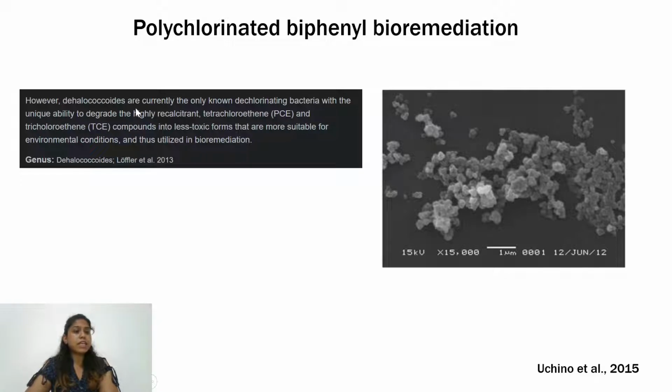This is the bacterium Dehalococcoides, which helps in conversion of polychlorinated biphenyl products into less toxic components that are more suitable to be released back into the environment. These are dechlorinating bacteria, and they are the only known bioorganisms so far that can help in conversion of polychlorinated biphenyl compounds without any harm to the environment.